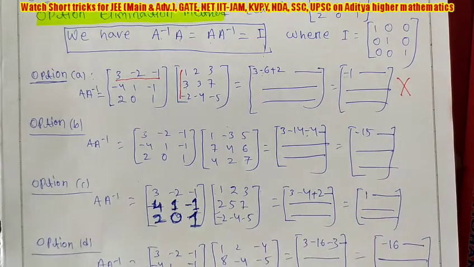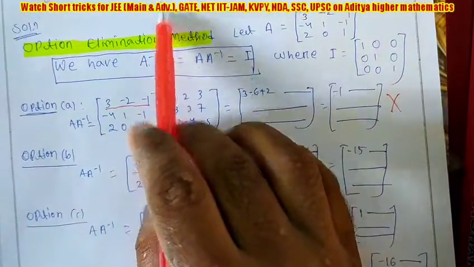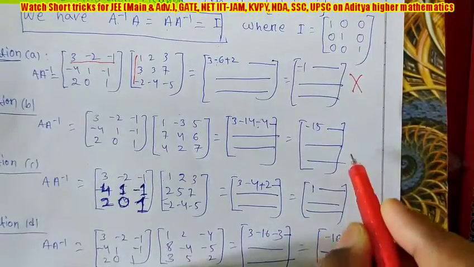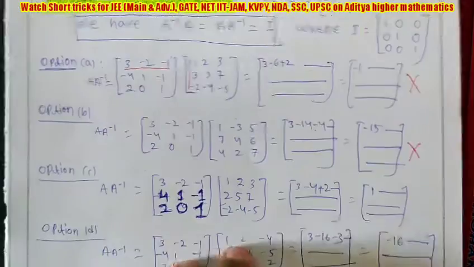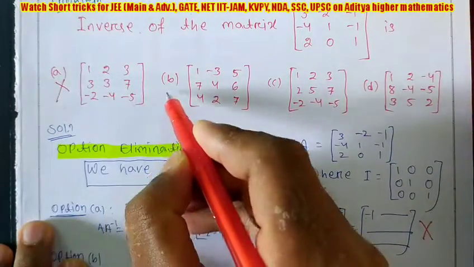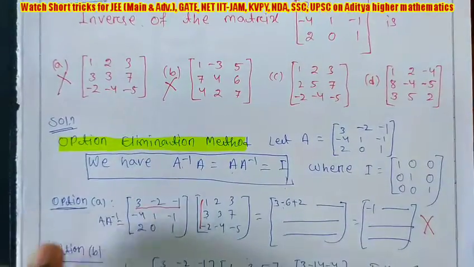The first element we are getting in the product is minus 15, but we need the identity matrix to observe whether option B is the inverse or not. Since it is coming minus 15, this is also wrong. That means we have observed option A is incorrect and option B is also incorrect.